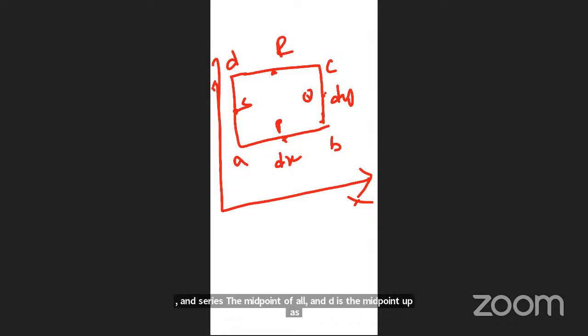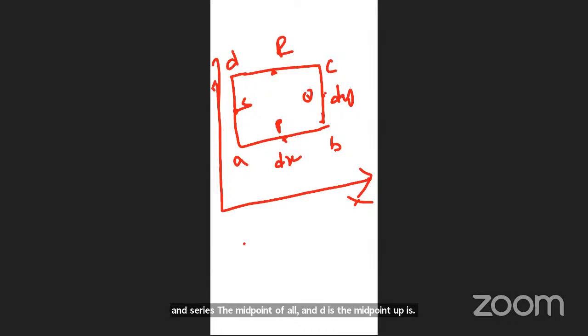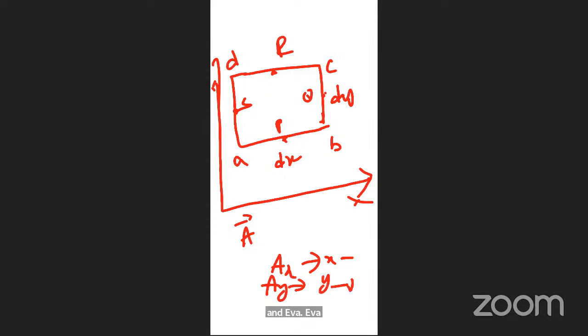Okay, then let us consider a vector field A. Inside the vector field, it is resolved into two components, that is Ax along the x-axis and Ay along the y direction.